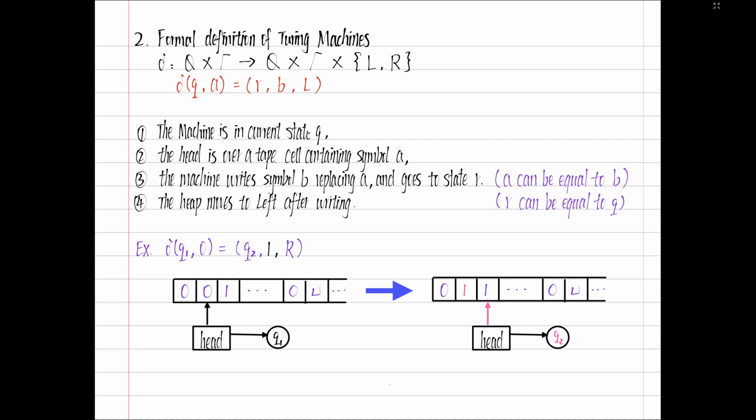In this transition, if A equals B, then the tape head just reads a symbol without changing it. If Q equals R, then the machine does not change states.